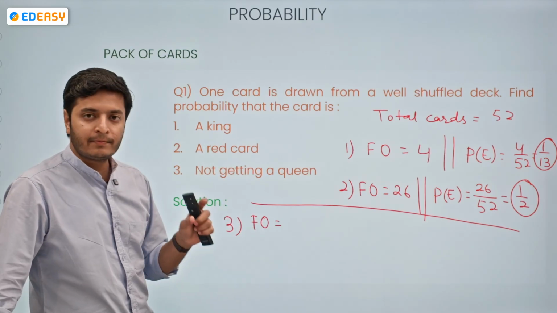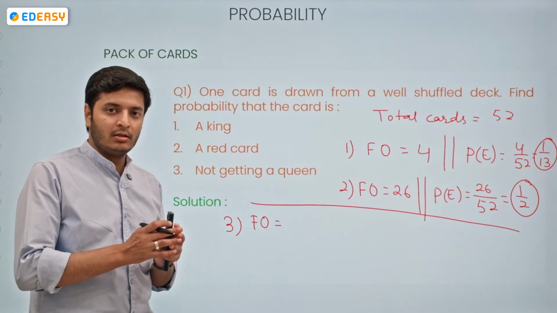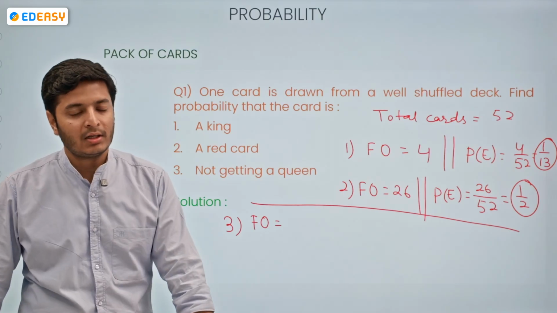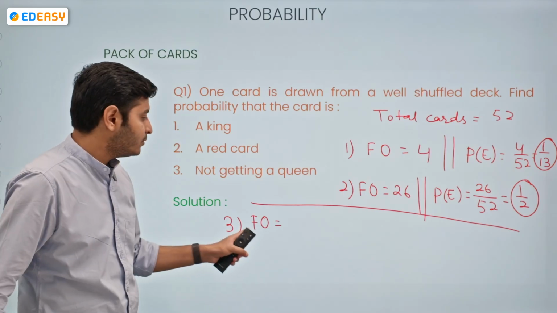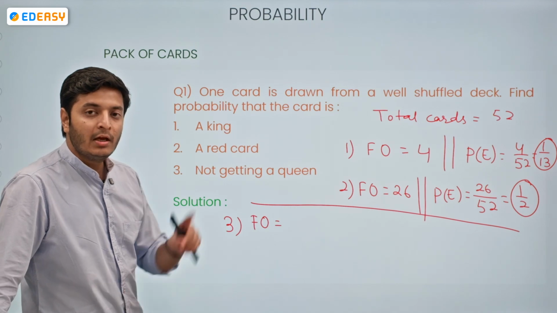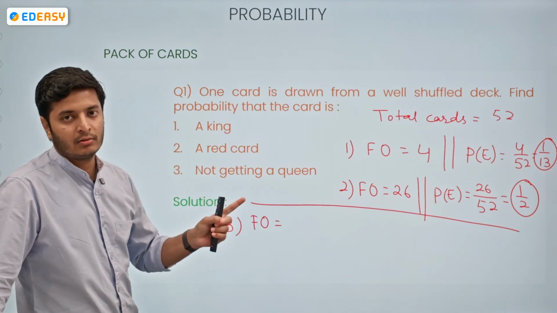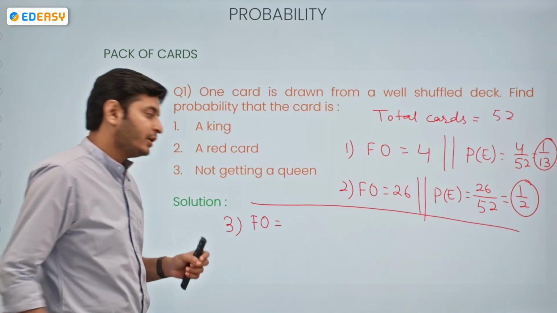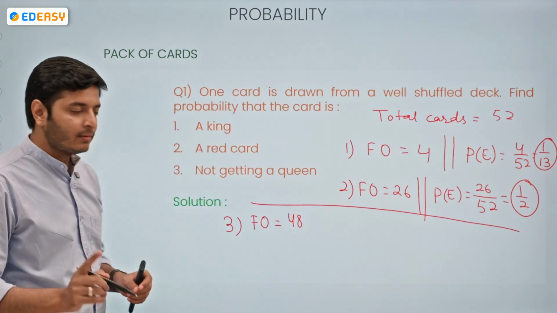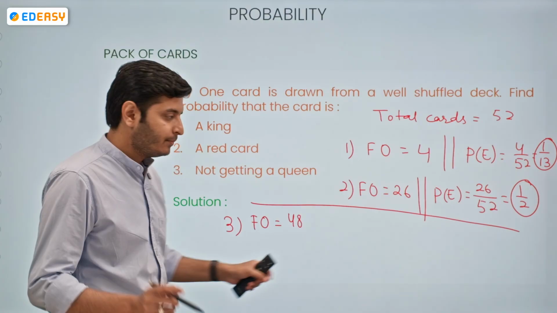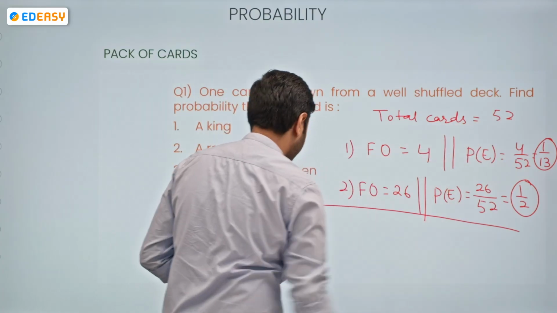Out of 52, we cannot have those 4 cards, but other than those 4, we can expect any card. So what is the total number of favorable outcomes? 52 minus 4. That is 48. So the favorable number of outcomes is 48, out of total outcomes 52.